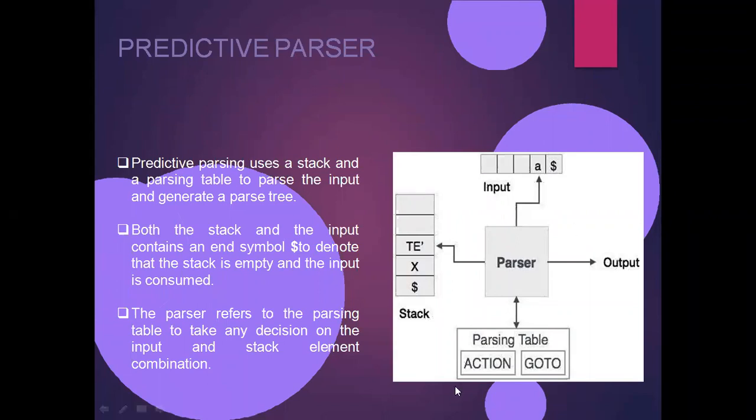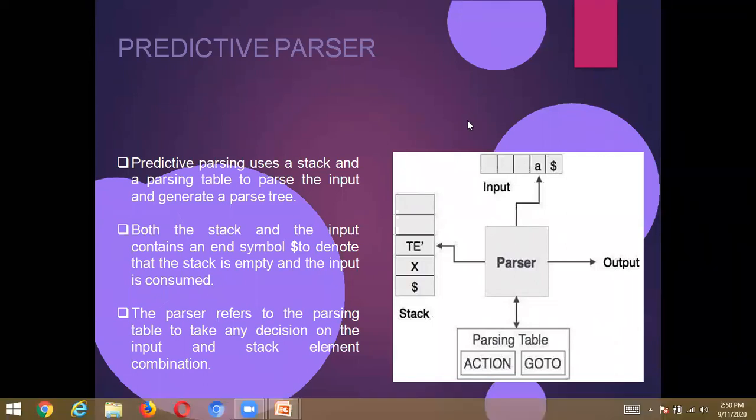But here, this table, the parsing table that we represented in a 2D matrix representation, means that on one side we define all the variables, and on the other side we define all the terminals in the given grammar.